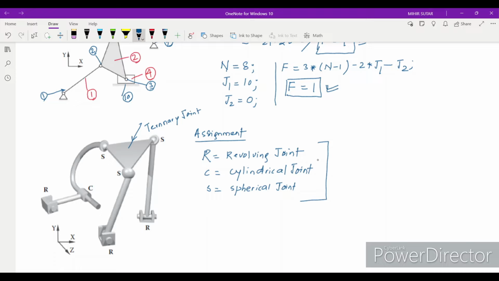So you need to find the mobility of the mechanism shown and compute the same using MATLAB.